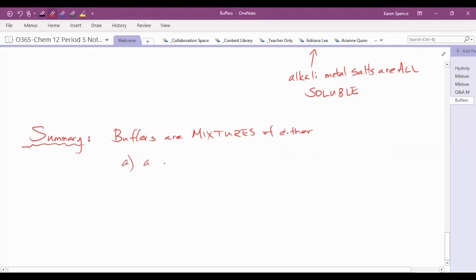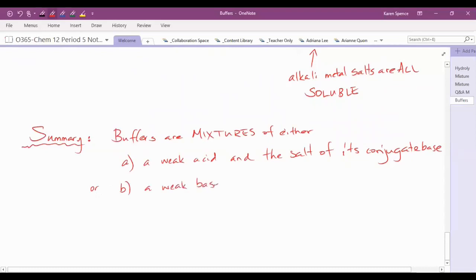A, a weak acid and the salt of its conjugate base, or B, a weak base and the salt of its conjugate acid.